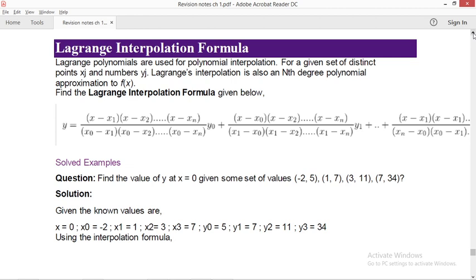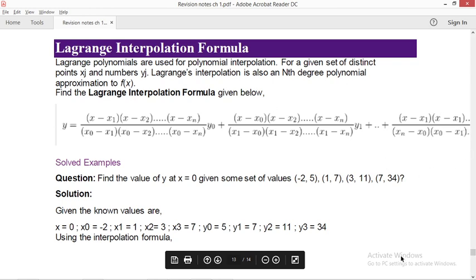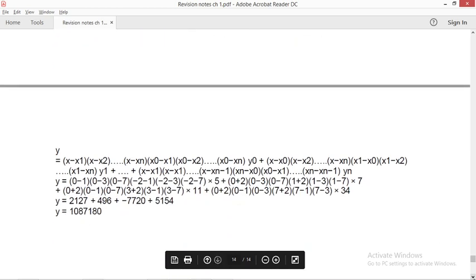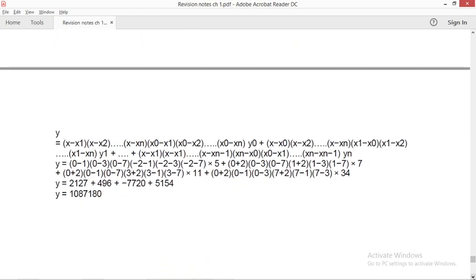We have a question where we have to find out the value of phi at x equals 0 with the given set of values minus 2, 5, 1, 7, 3, 11 and 7, 34. So by using this formula, we can find out the answer, which is y will become 1087180.